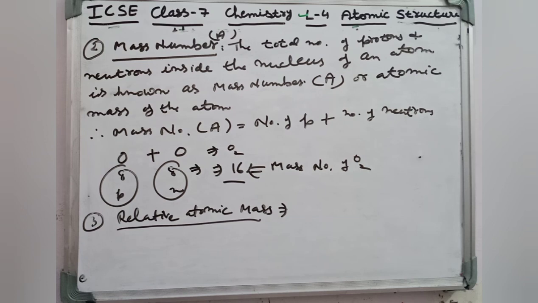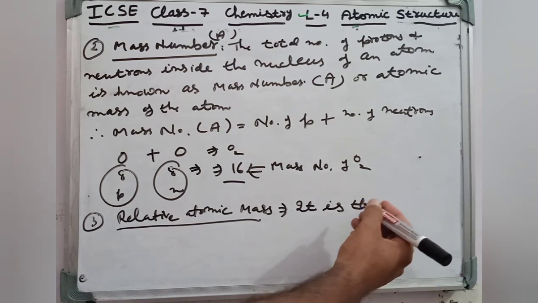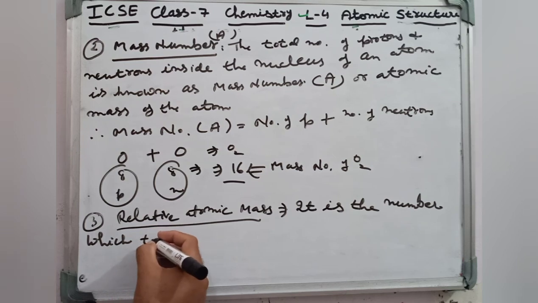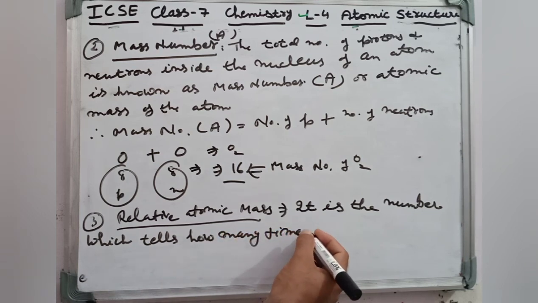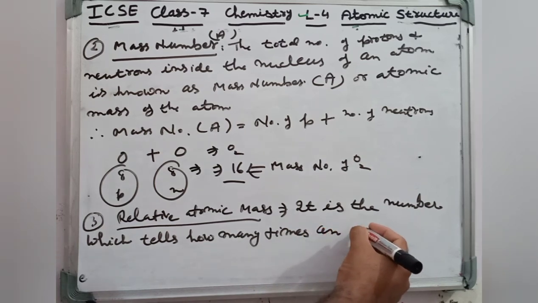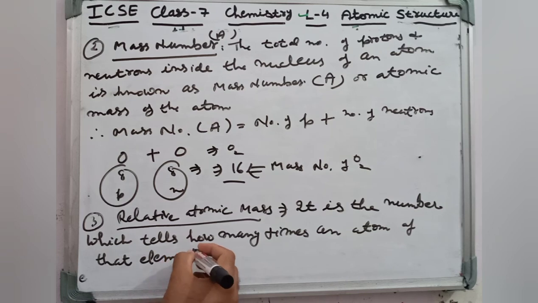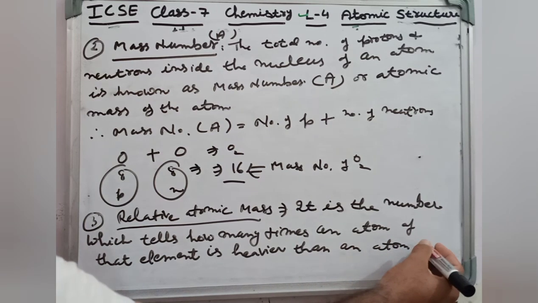It is the number which tells how many times an atom of that element is heavier than an atom of hydrogen.